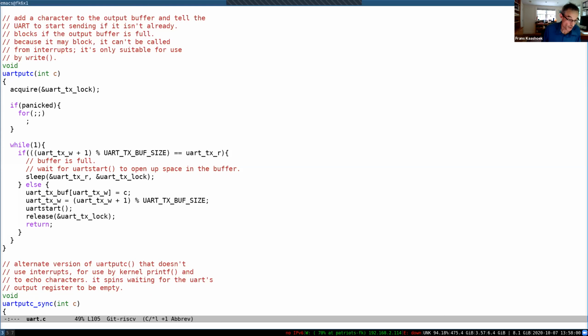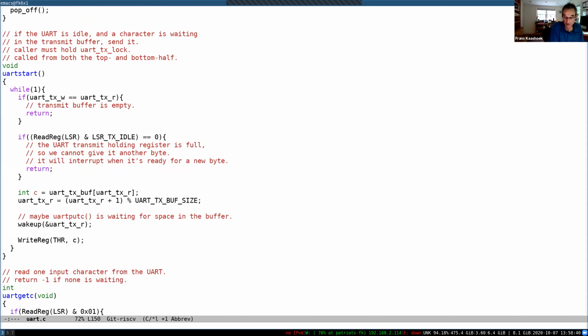If two processes call UART putc at the same time, the lock ensures that the character from the first process goes in the first slot, and the character from the second process goes in the next slot, and they don't end up in the same slot. This is a clear example where a lock helps us avoid a race condition, because otherwise the second process might overwrite the first process's character.